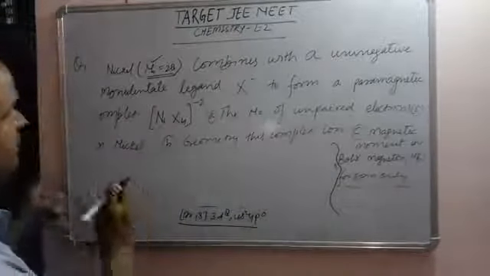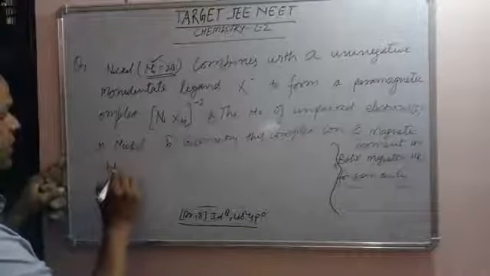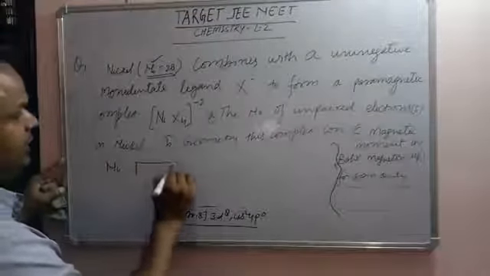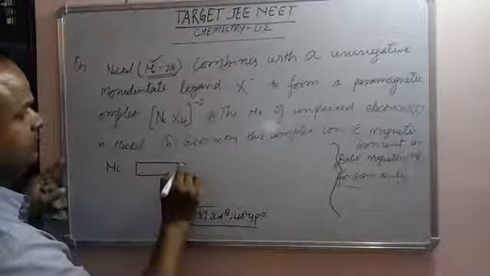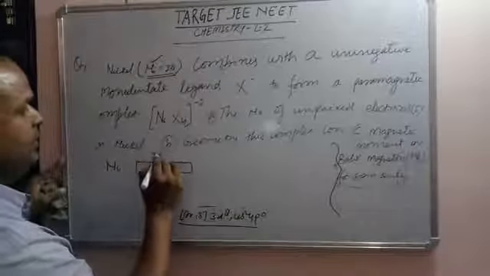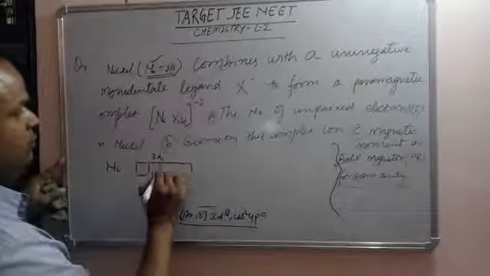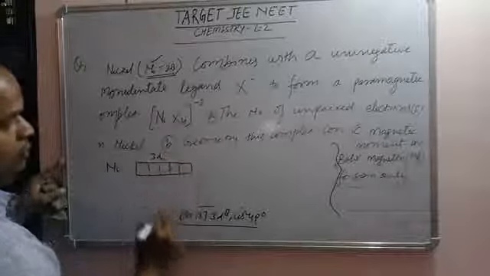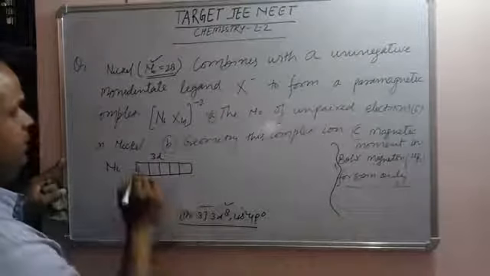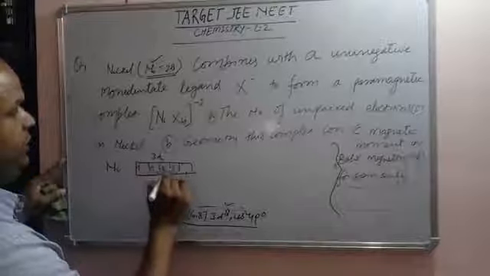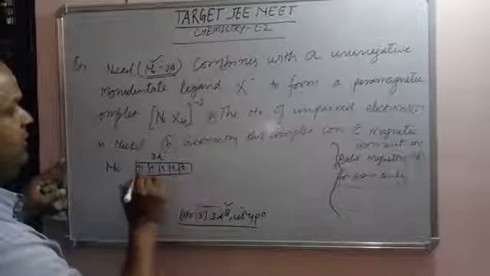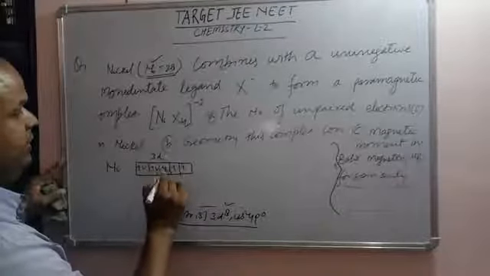So we write it for Ni: the 3d orbital, 1 2 3 4 5, so there are 8 electrons, 1 2 3 4 5 6 7 8.